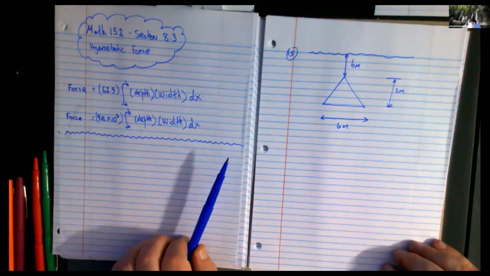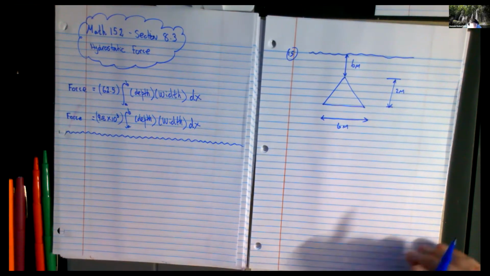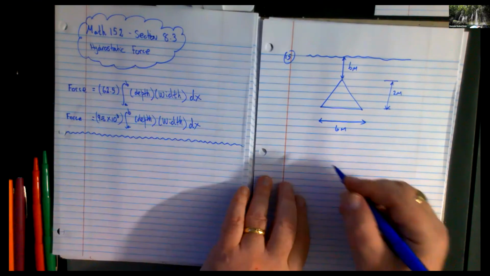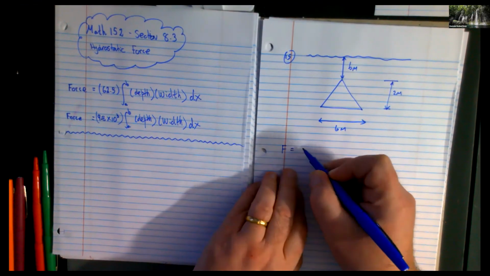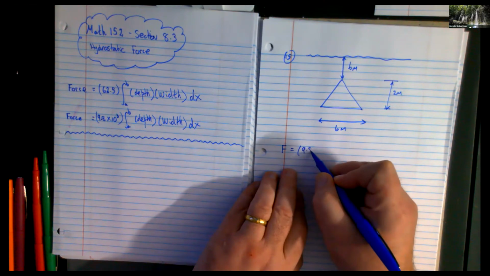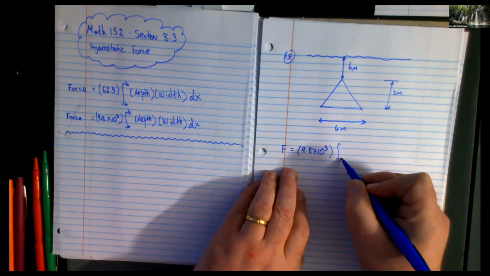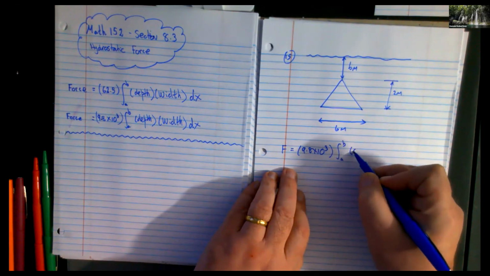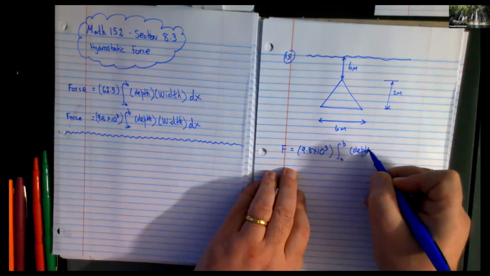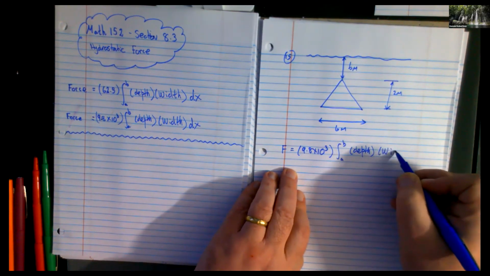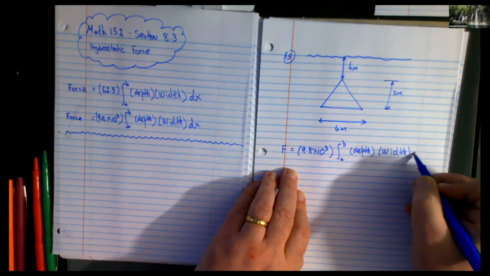And we want to know the hydrostatic force. Well, it's going to be 9.8 times 10 to the 3, the integral from A to B of depth times width dx.